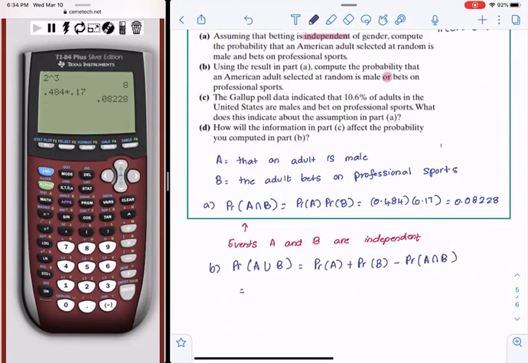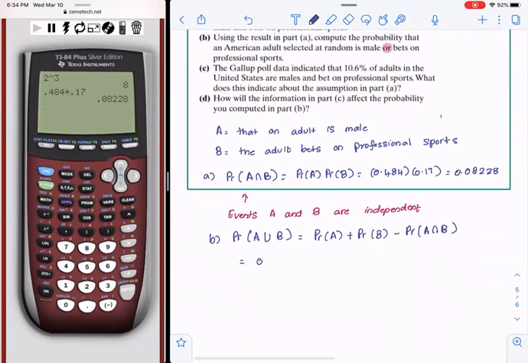So probability of A, we know that is 0.484. Probability of B is 0.17. Probability that an adult is male and bets on professional sports is not 0. If it is 0, then they can't happen at the same time. But it's not true that a male can also not bet on professional sports at the same time. And we know that probability from the previous part, which happens to be 0.08228.